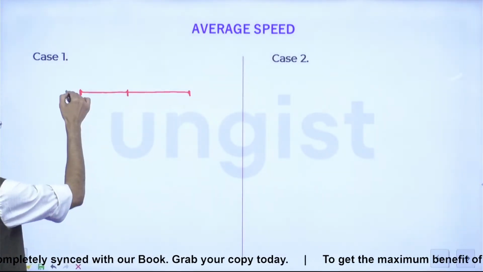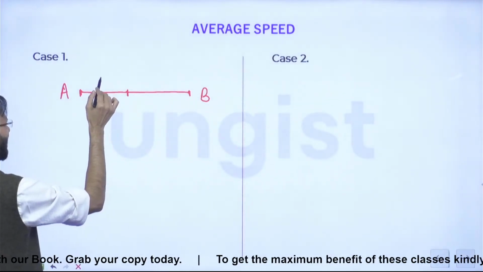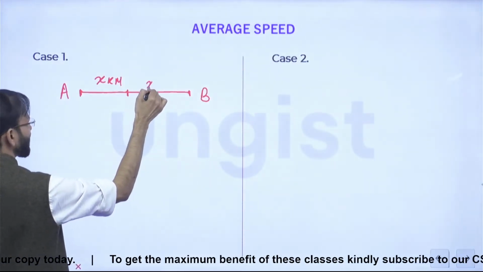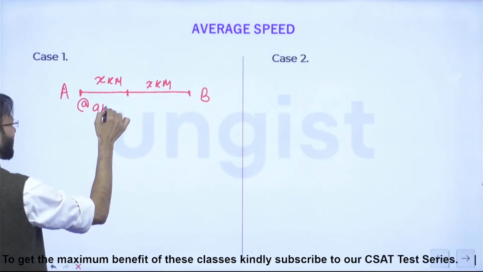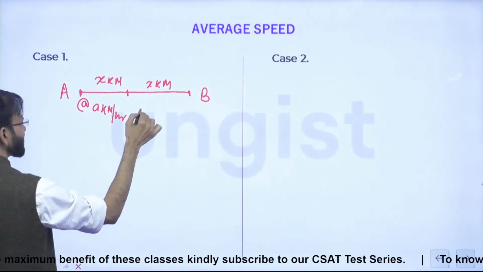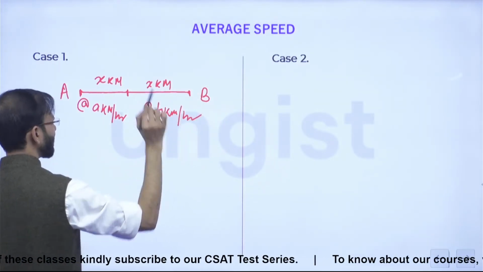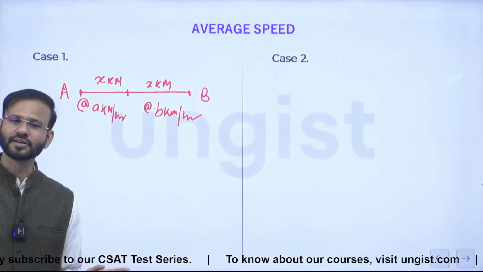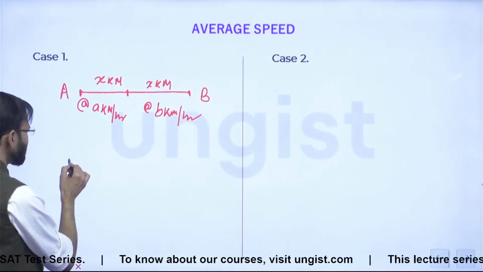Let's say this is A and this is B. The first half is x kilometer and this is also x kilometer. He travels the first half at the rate of A kilometer per hour and the second half at the rate of B kilometer per hour. The question is, what is the average speed for the entire journey from A to B?